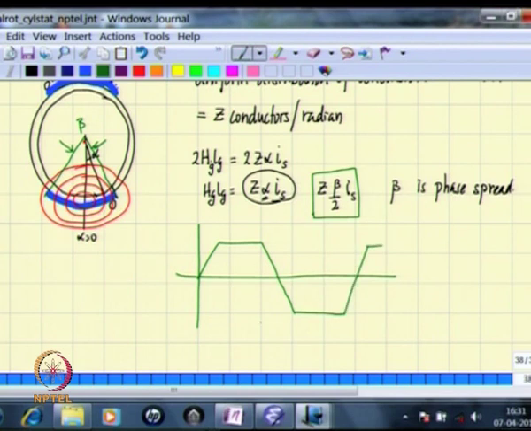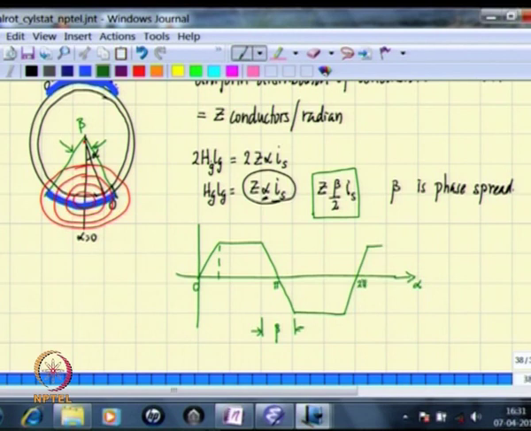This interval over which the MMF changes from one level to another level is the phase spread, and therefore this angle is beta. This angle is beta by 2. This is plotted with respect to alpha, and this is alpha equal to 0, alpha equal to pi, 2 pi, and so on.